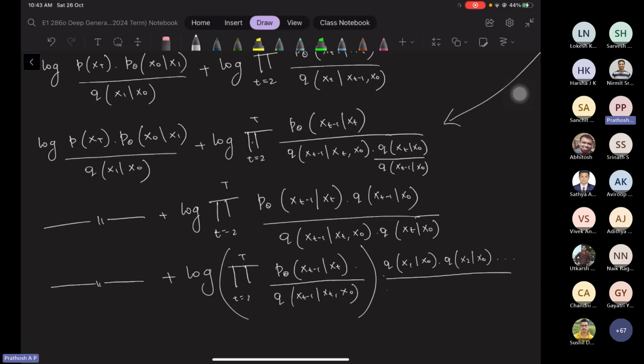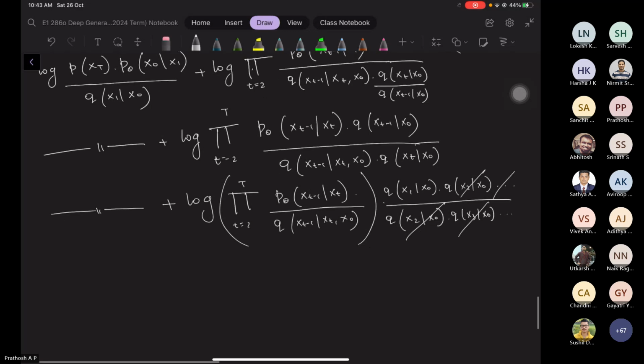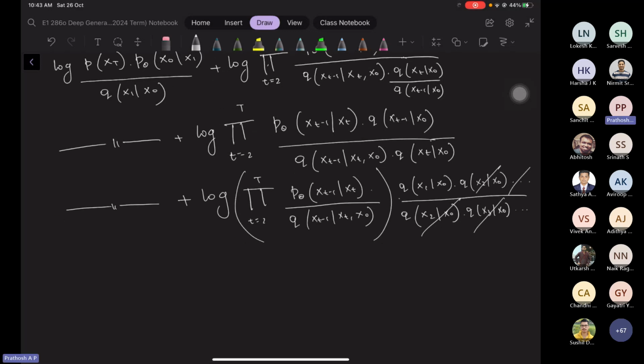In the denominator we have q of x2 given x naught, q of x3 given x naught, and so on. So these terms will cancel out. Only two of the terms will survive. Can you see that? So what terms will survive? We will write this down now.